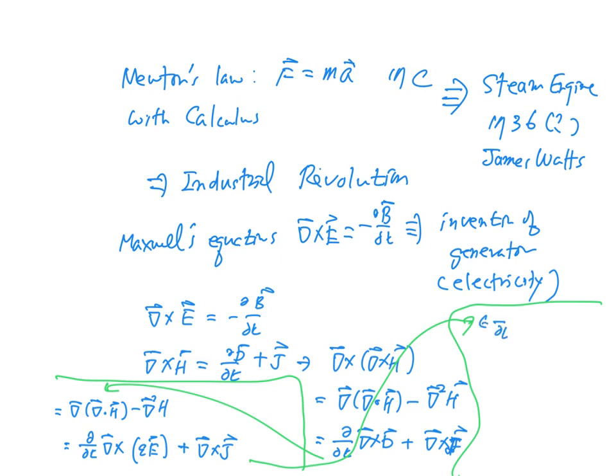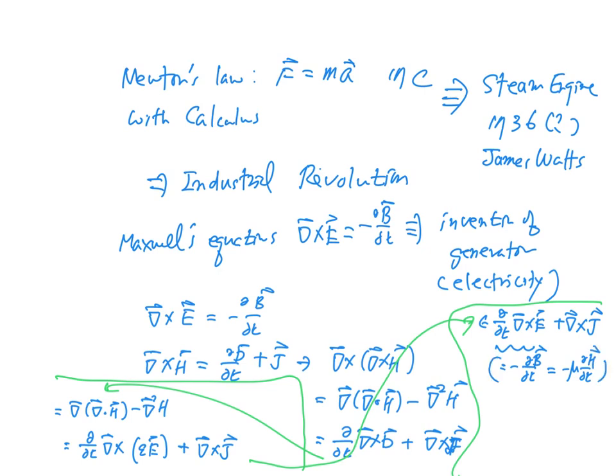Epsilon partial t of curl E plus curl J, and this is actually minus partial t of B, which is the same as minus mu partial t of H.